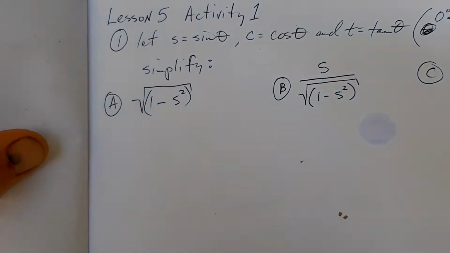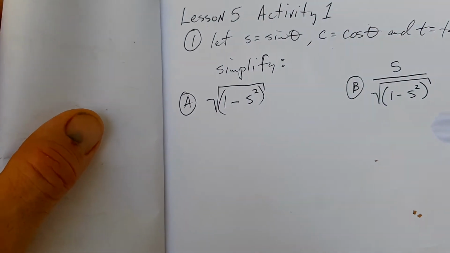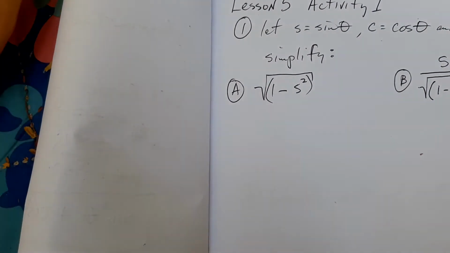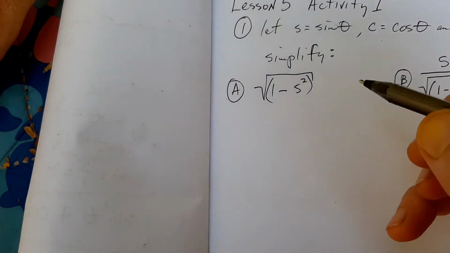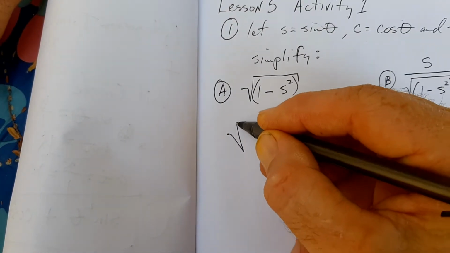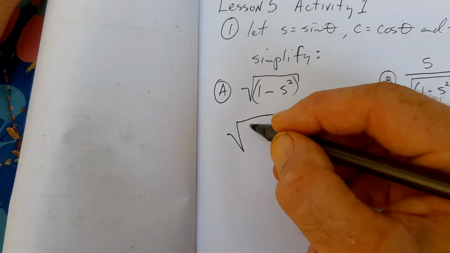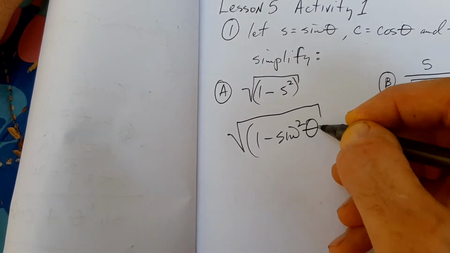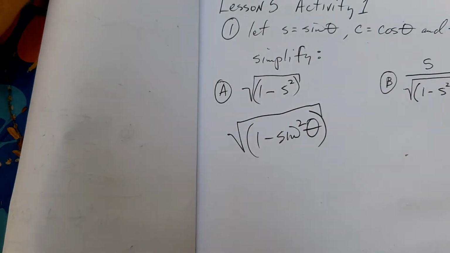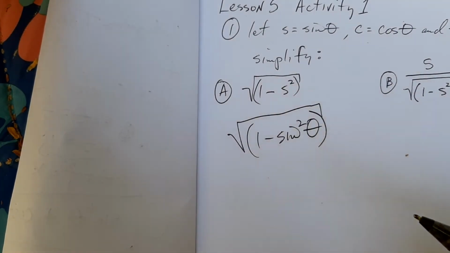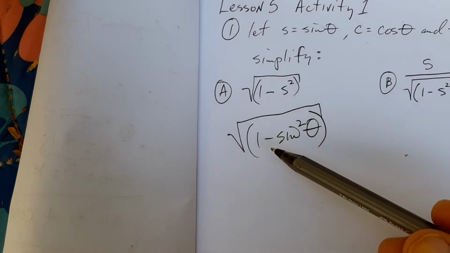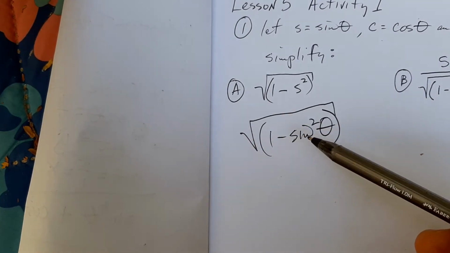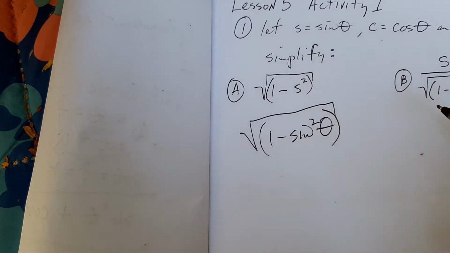So we're just going to substitute in sine squared, and then we're going to use those identities that we know. So I'm substituting for s, and I think this first one is pretty darn easy. 1 minus sine squared theta. I remember what that is: sine squared theta plus cosine squared theta equals 1.